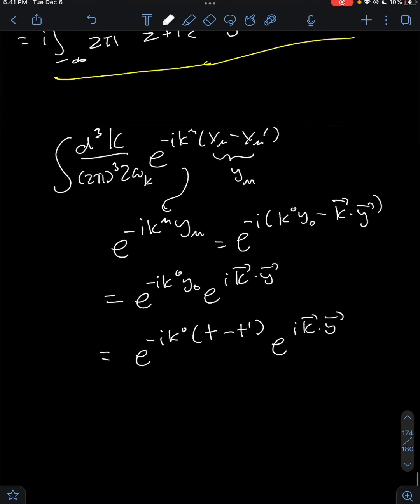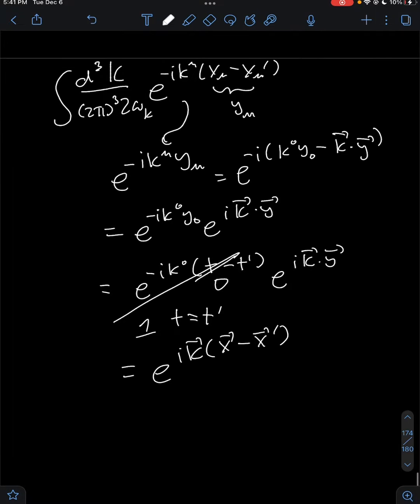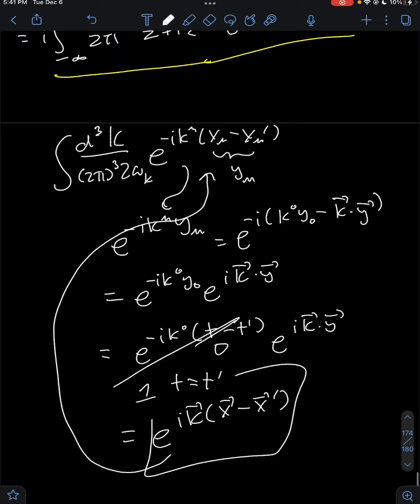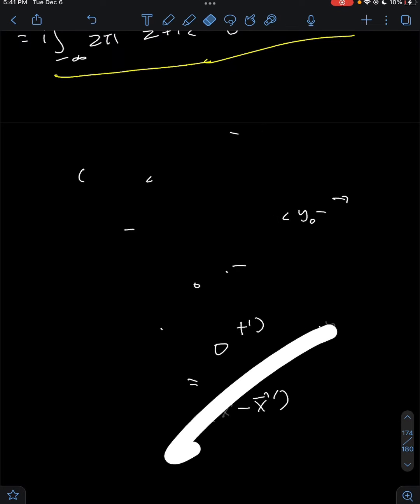For equal times, which is what we considered in the last video, this is 0, so this whole thing is 1. And we have e to the i k dot y, which is e to the i k dot (x minus x prime). That's exactly what we found in the last video for this exponential right over here. So that shows that this is the correct expression that we have found.